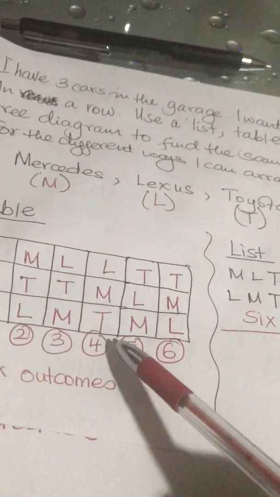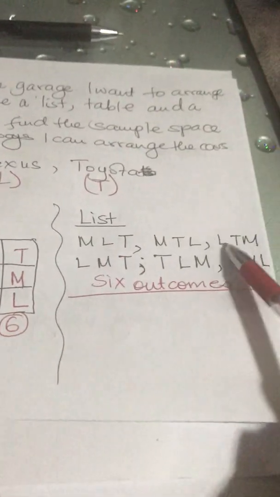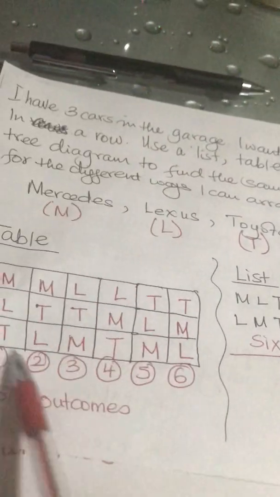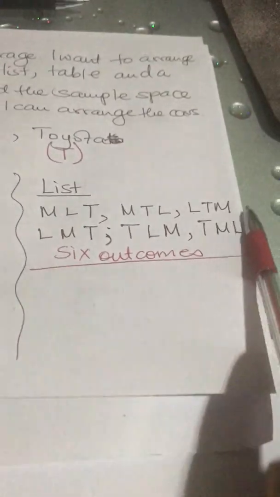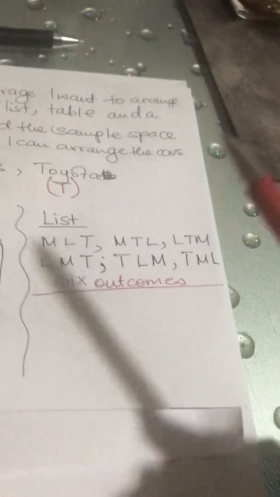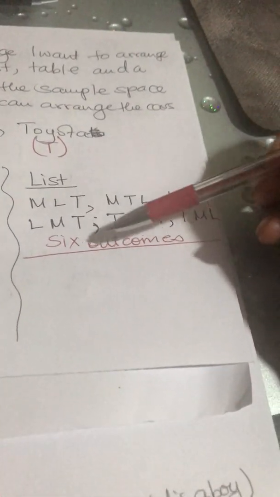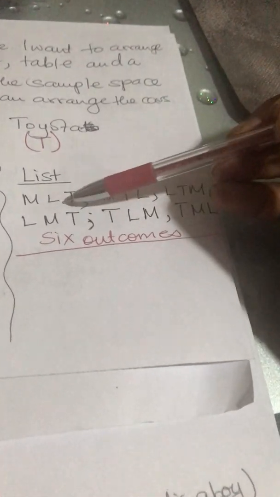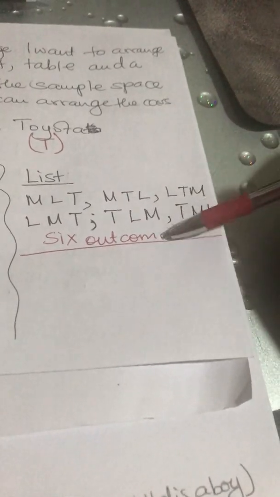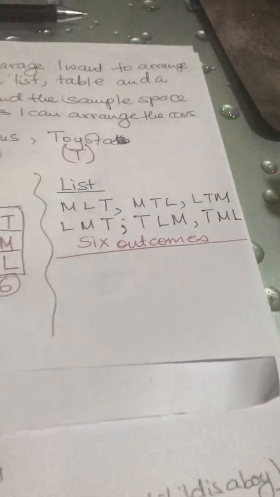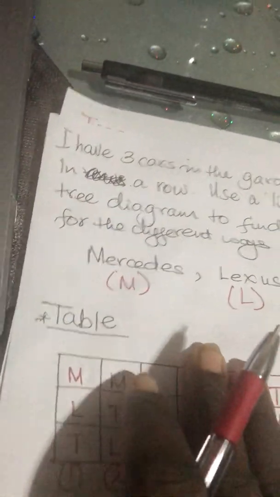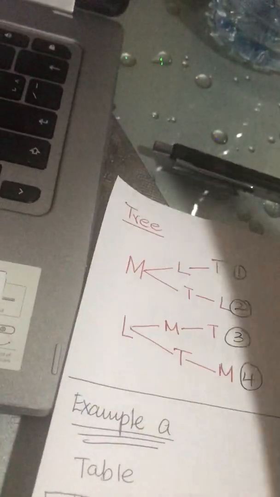LTM is the same here, like that. I just followed the same. So you can either arrange them in a table or you can arrange them as a list. And it's the same. If I count my list, how many items are in my list? 1, 2, 3, 4, 5, 6. 6 outcomes. Now, let me show you how to do this in a tree diagram.